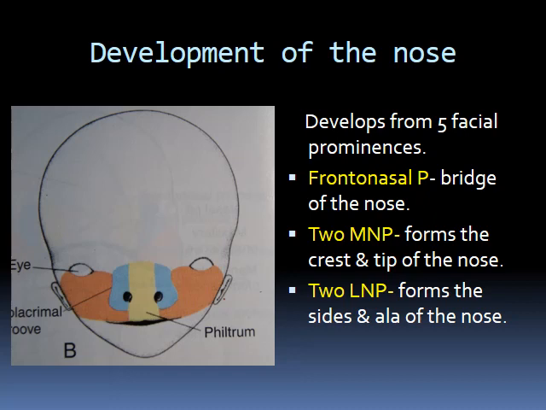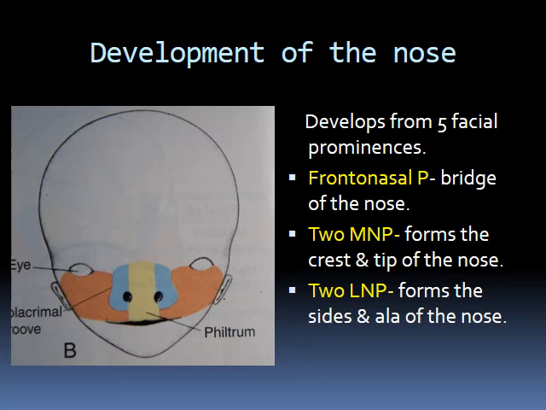So coming to the development of the nose. So we have learned that the nose of the embryo develops from 5 facial prominences. These 5 facial prominences would be: number 1 is frontonasal prominence. Frontonasal prominence forms the bridge of the nose. Then we have the 2 medial nasal prominences.